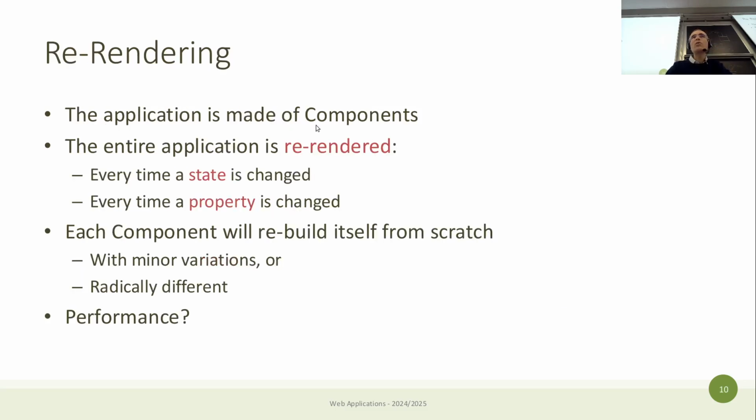So the application is basically a set of components. There's an initial component that contains other components and so on, like the body that contains a div and then header and table and whatever you need for your application. And actually the entire application is re-rendered, redrawn on the screen, every time a state is changed and every time a prop is changed.